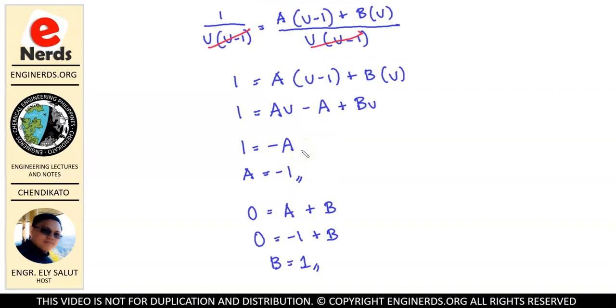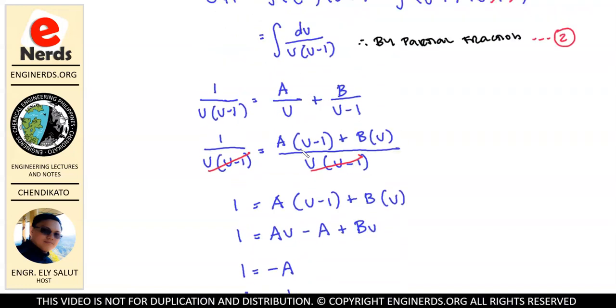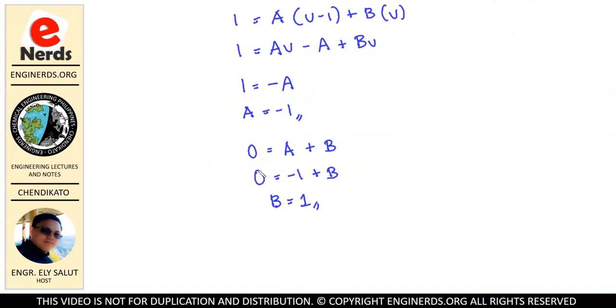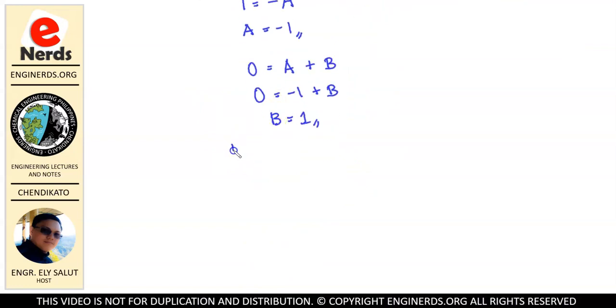Okay, so we can substitute now that value dito, okay, sa ating naunang equation dito, which is 1 over u times u minus 1 is equal to a over u plus b over u. But we already know the value of a and the value of b.